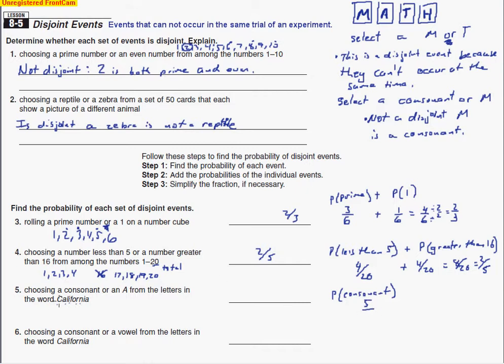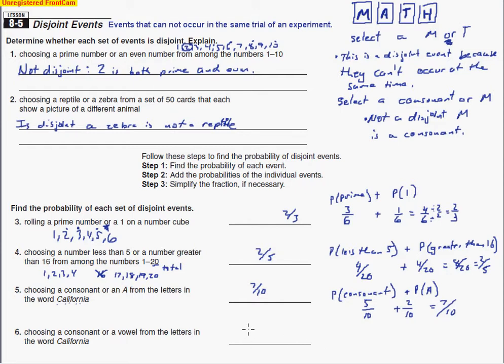There are 1, 2, 3, 4, 5, 6, 7, 8, 9, 10 letters in California. Actually, they're just asking for an A this time. We've got to count the number of A's. We've got 1, 2 A's. That's it, 2 out of 10. And so we add those together. 7 out of 10 is the probability of either selecting a consonant or an A from the word California.